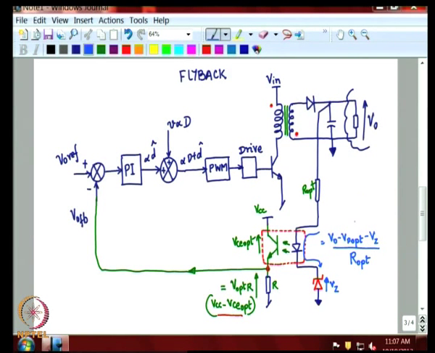So, if there is a temperature change, and this has a negative temperature coefficient, if there is a decrease and this has a positive temperature coefficient, there will be an increase, and then that will try to compensate each other. So, this is normally put in high precision regulators in order to compensate for the temperature. This is how one would sense the output voltage and pass it on to the controller.